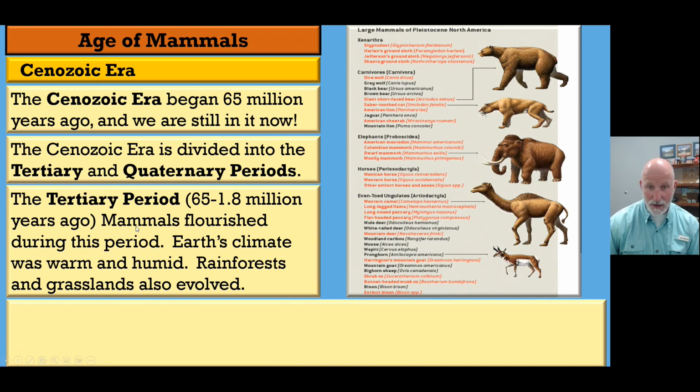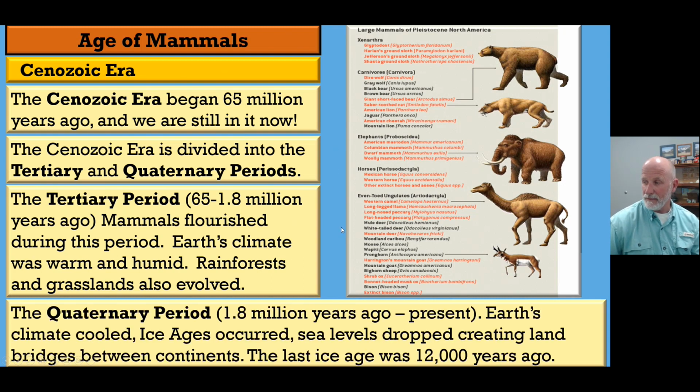Mammals started flourishing during the Tertiary period, when the climate of the Earth changed and was more conducive for these types of animals to live. So you call it the Cenozoic era, the age of the mammals. The Jurassic period is the age of the dinosaurs. And then the Quaternary period goes to the present time.